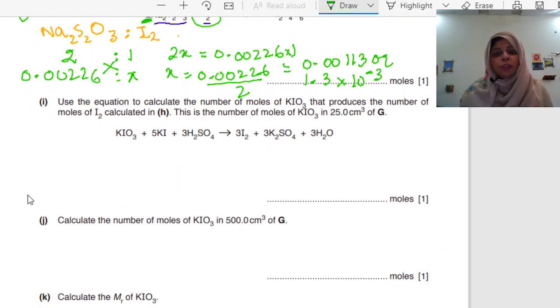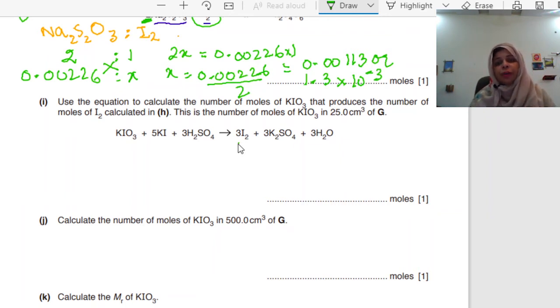use the equation to calculate the number of moles of potassium iodate, that is KIO3, that produces the number of moles of iodine calculated in H. This is the number of moles of KIO3 in 25.0 centimeter cube of G. So we know the moles of iodine.